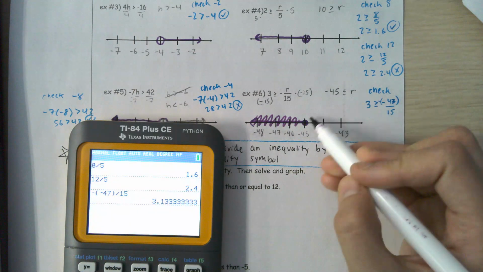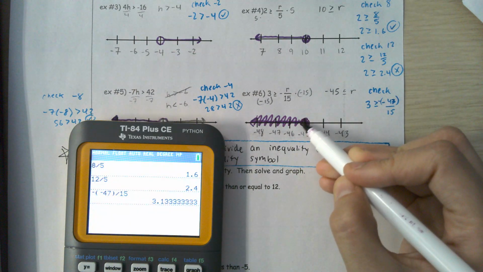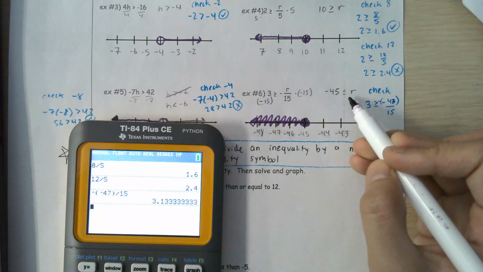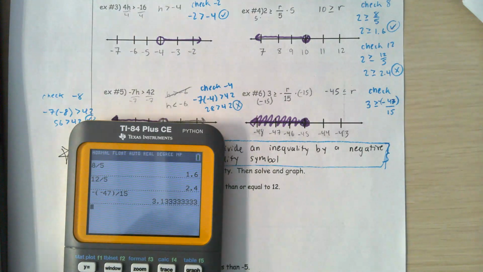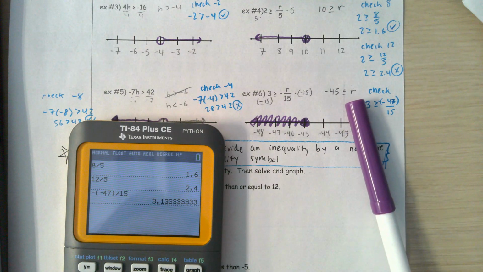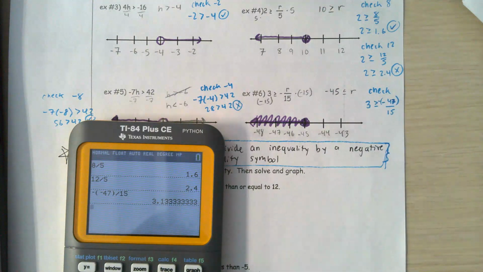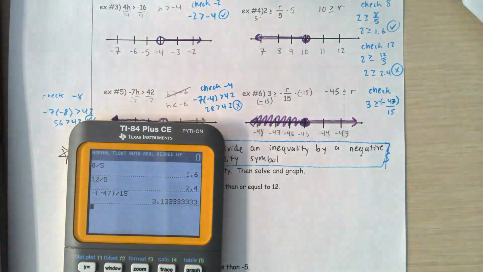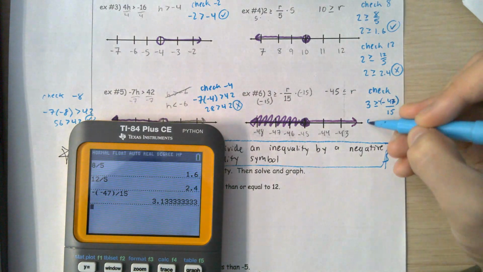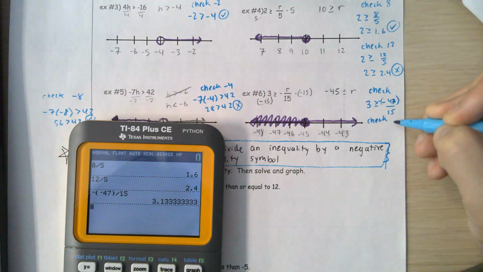So r is the bigger number. If I'm going to think in my head, right, like 0 is greater than -45, so it should go the other way. Okay, so let's check this again. Check -43.